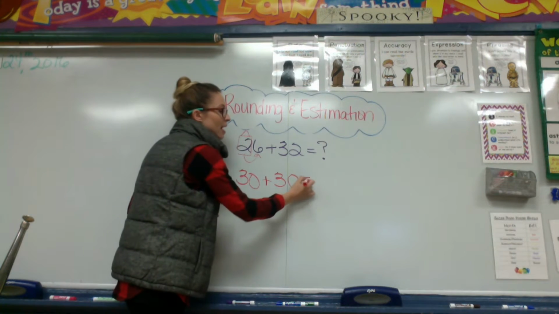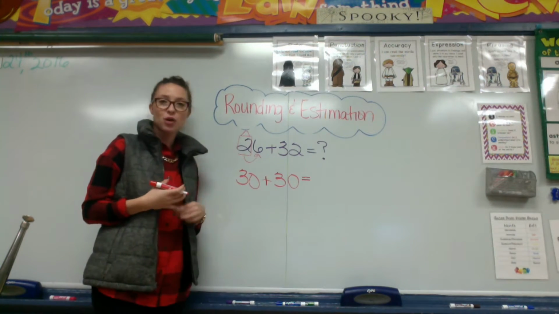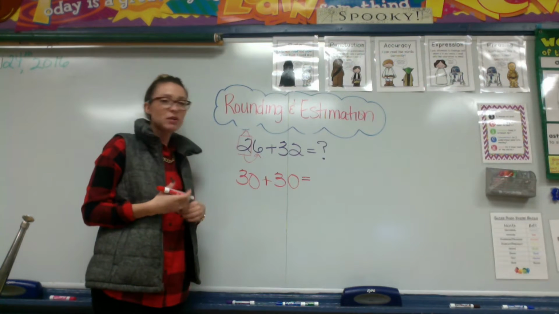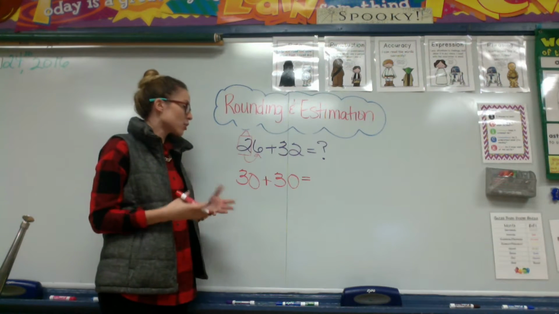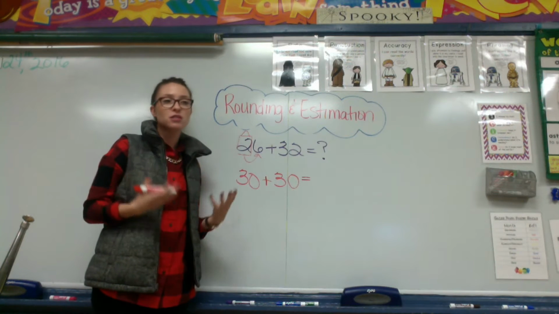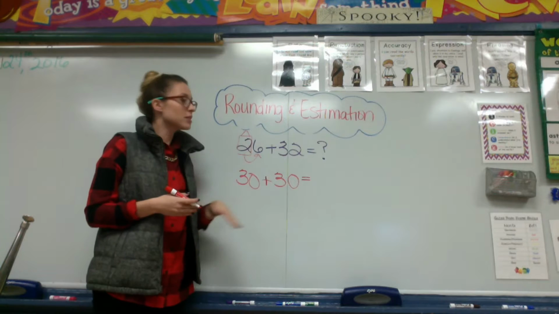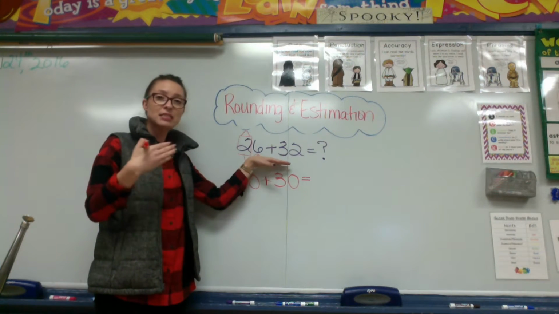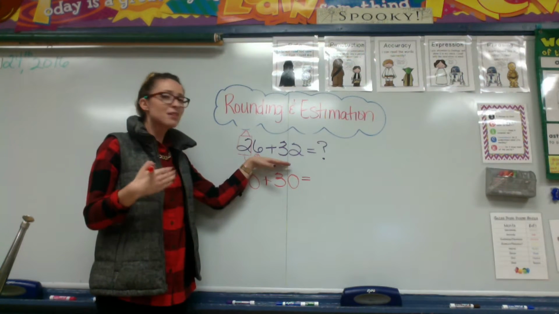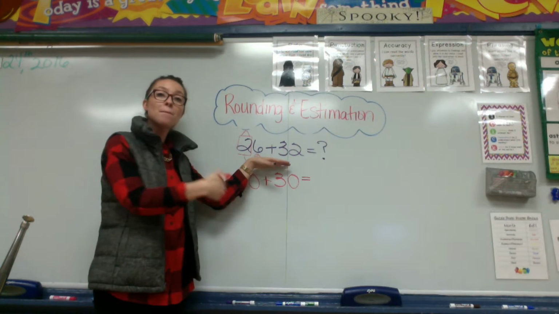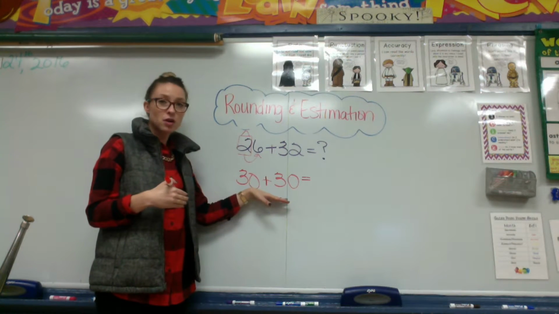Now what I like to say is that we have a math problem that has become pretty much mental math. We can look at 30 plus 30 and do this addition right off the top of our heads. So what we've noticed in class was that the addition here, it's not difficult per se, but it becomes a lot less challenging and a lot more mental when we round first.